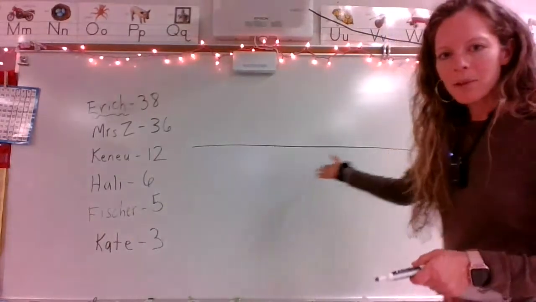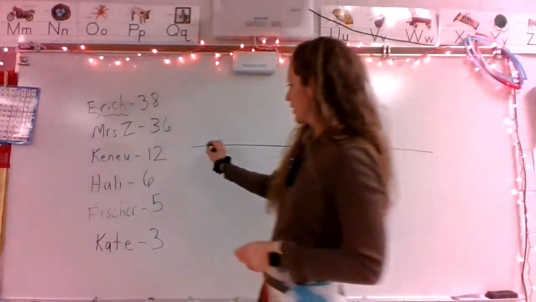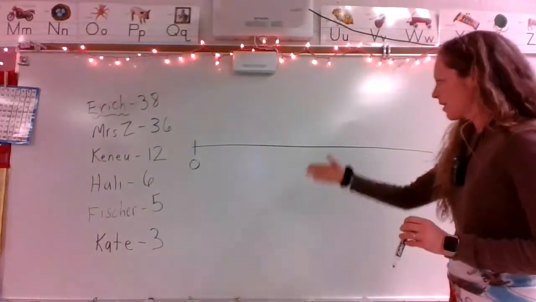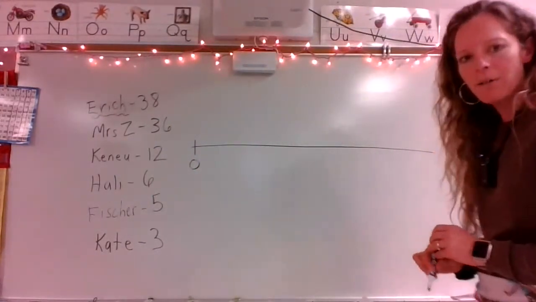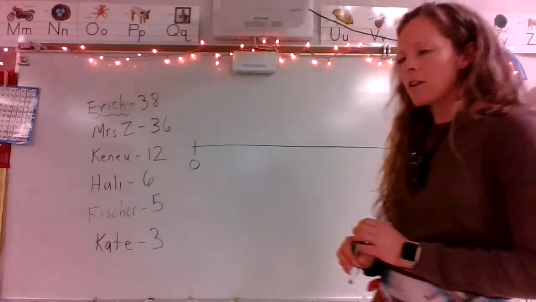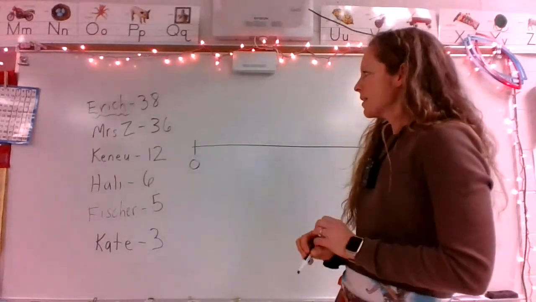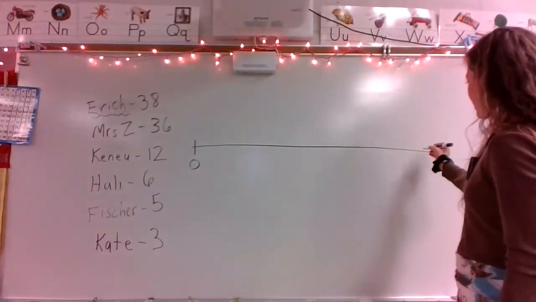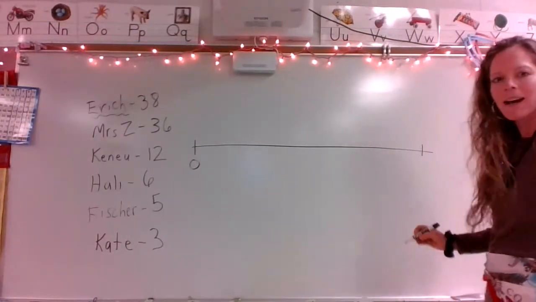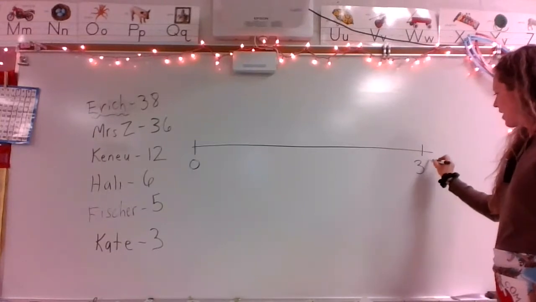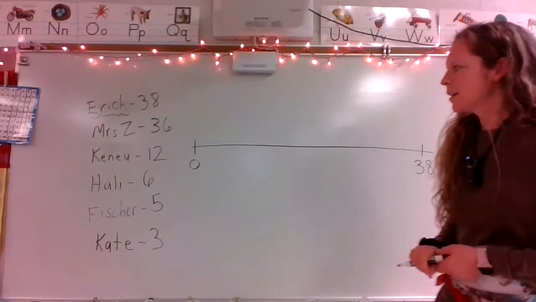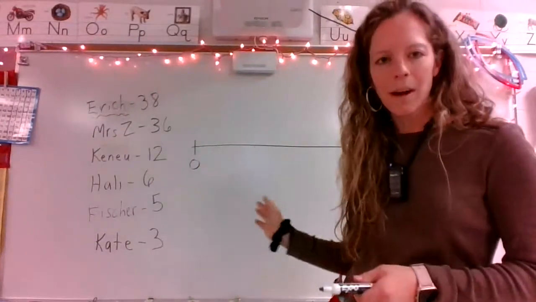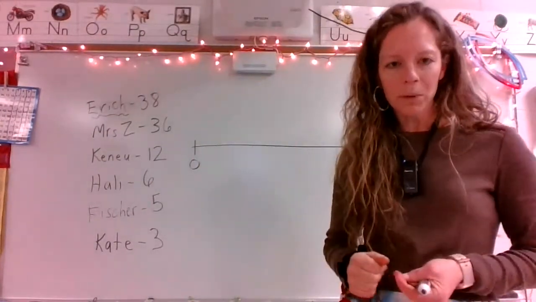So on our open number line, we are going to start with 0 at the very far left. And on the other end, on the far right, you're going to place your biggest number. So the biggest number we have up here is Mr. Z, and he is 38. So he will be my last spot on the number line. Now our job today is to figure out how to place those numbers and space them out appropriately.